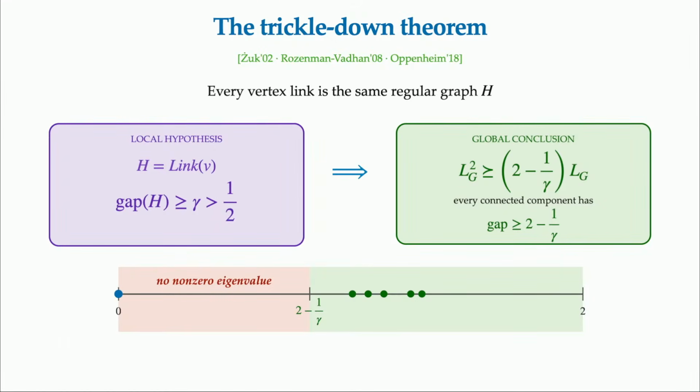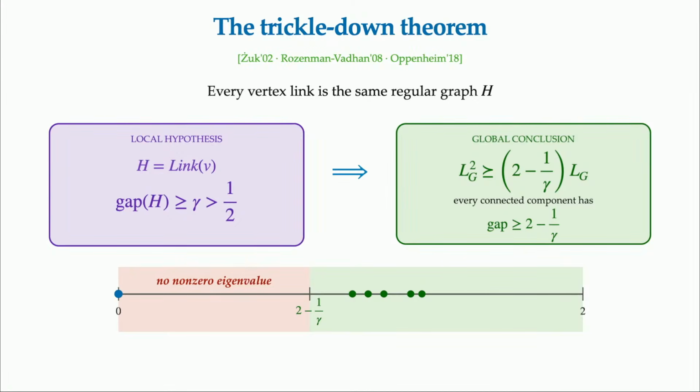That is, if the gap is gamma, then the global graph's gap is 2 minus 1 over gamma. And as you can see, half is sort of like a point where this starts to become a non-trivial statement. So if you just knew that your graph is connected, then simply having this local viewpoint from every vertex, that is every link is an expander, is sufficient to imply that the global graph is an expander.